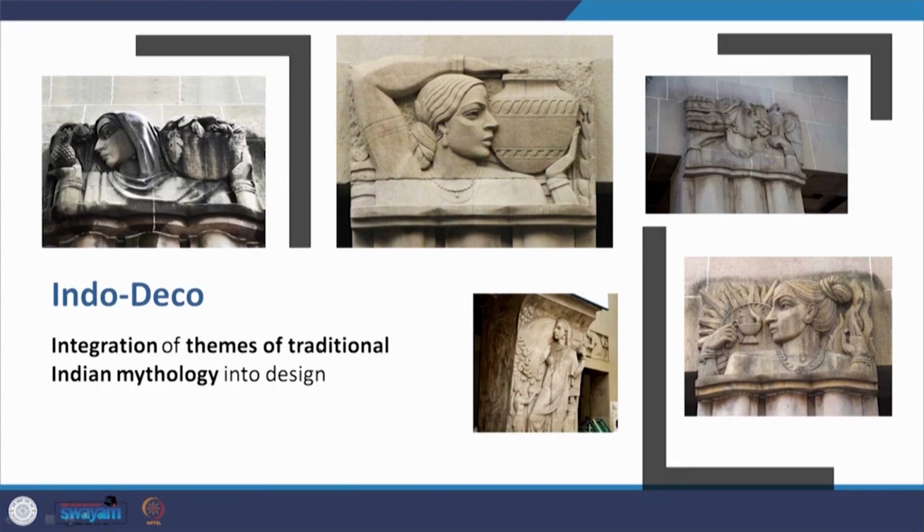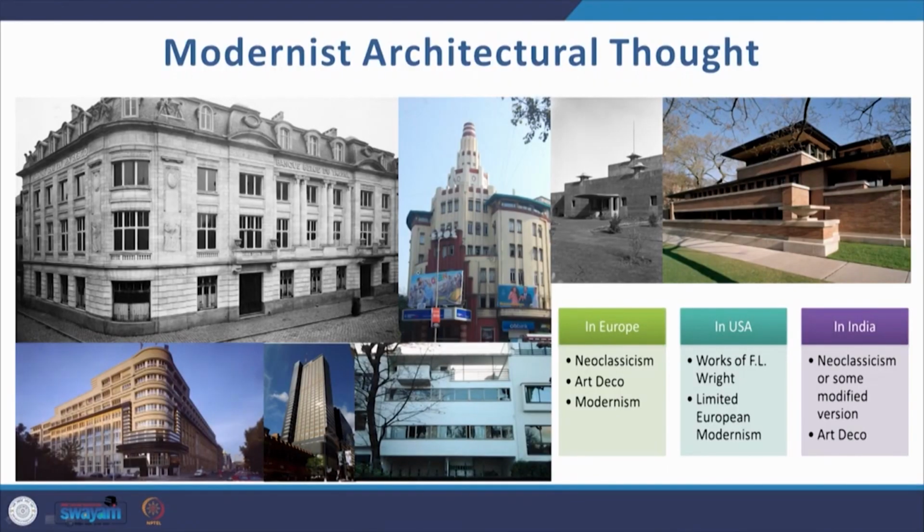And we'd also talked about a very typical form of Art Deco called Indo-Deco, where we integrated themes of traditional Indian mythology in an Art Deco format. So we see that in these artworks that came to embellish the Art Deco buildings of the time.